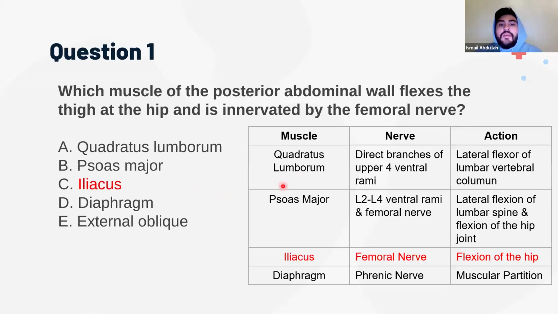Okay, so iliacus is the muscle that's being supplied by the femoral nerve, and it's responsible for the flexion of the hip. The other posterior abdominal muscles, like the quadratus lumborum and psoas major, have different supply. They're not the femoral nerve, and as well as different function.